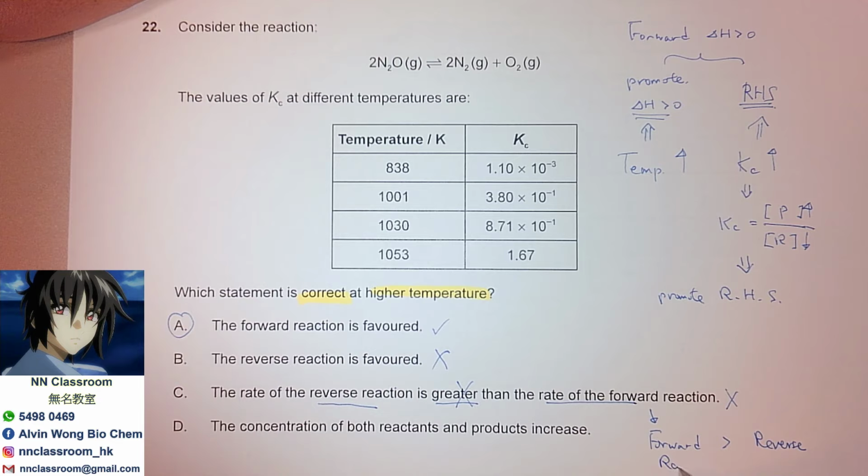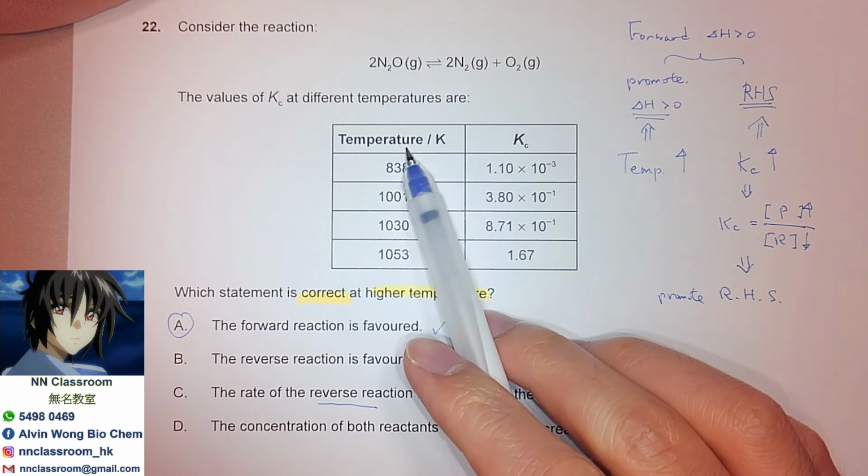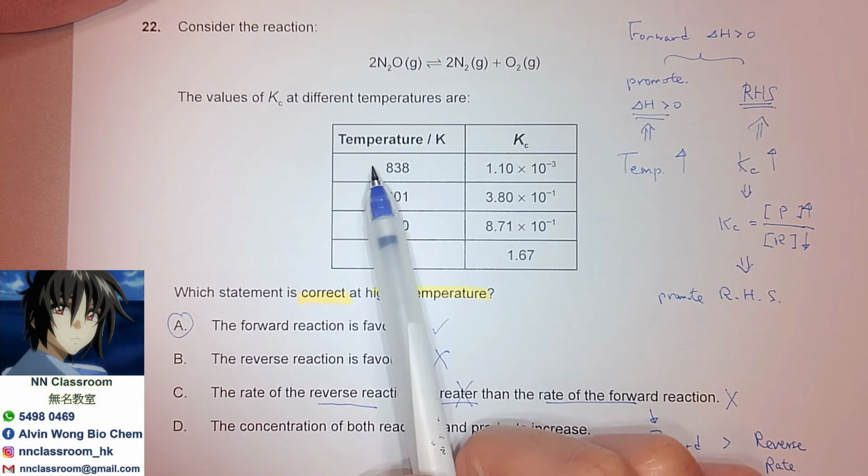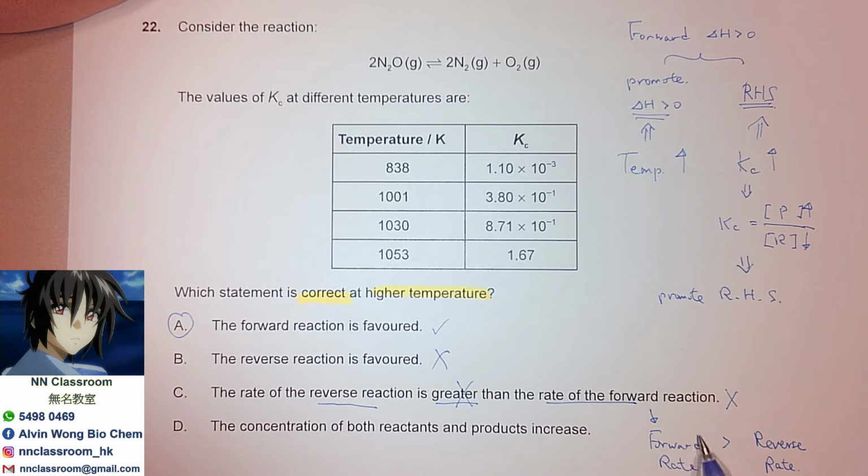Now, in terms of the rate, the forward rate will still be greater than the backward rate. But remember, both have a promotion, because when temperature increases, rate increases for both sides. But just the forward is promoted even more, to a greater extent. So that's why the forward rate should still be faster than the backward rate. Important, right? So that's why C is wrong.